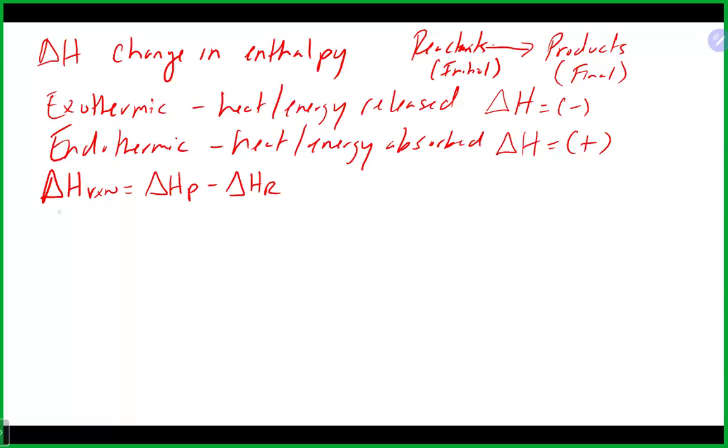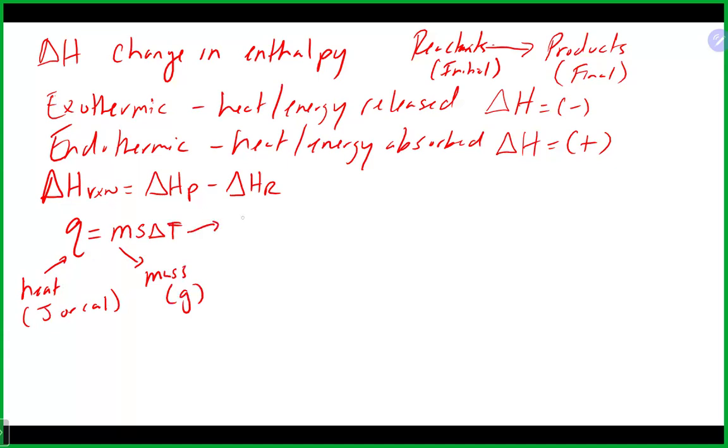We talked about specific heat capacity and an equation Q = ms delta T. Here, Q is heat or energy, and usually has units of joules or calories. M is our mass, which has units of grams.